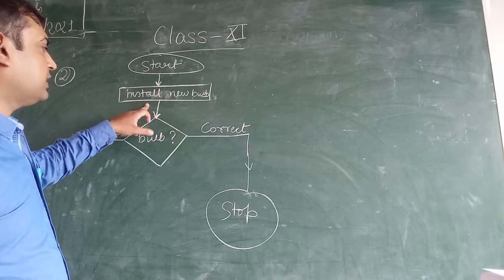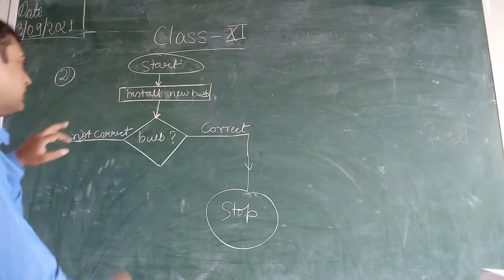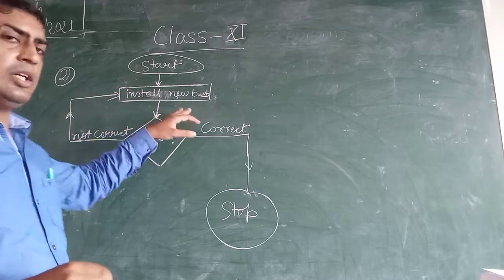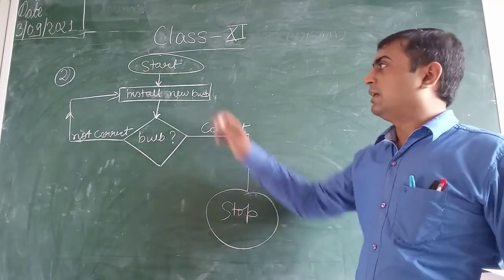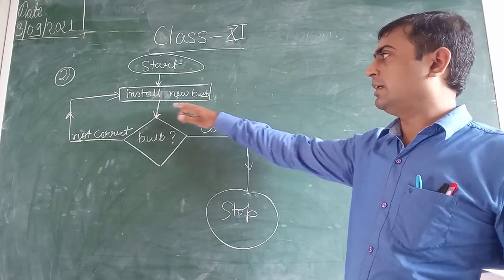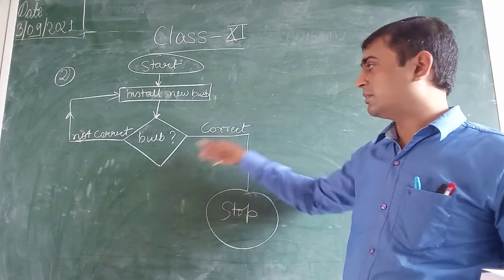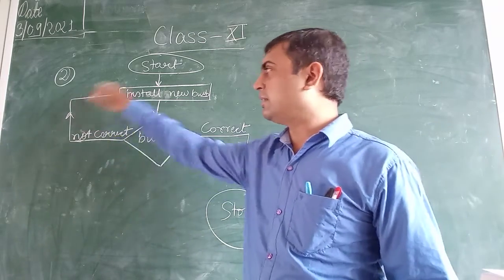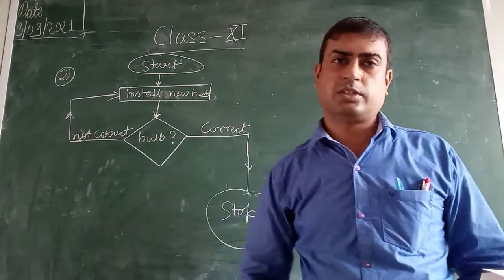If this bulb is working, then stop. If it is not working, then you have to install a new bulb. Once again, you understand? You have started, install a bulb. If this bulb is working, then stop, no problem. If this is not working, then again install a new bulb. You have to check again whether it is working or not.